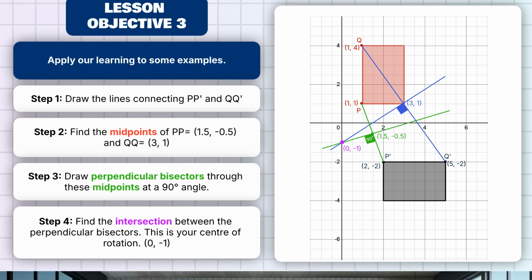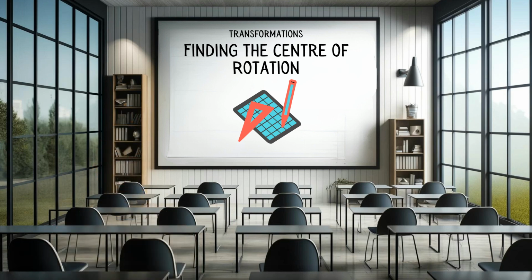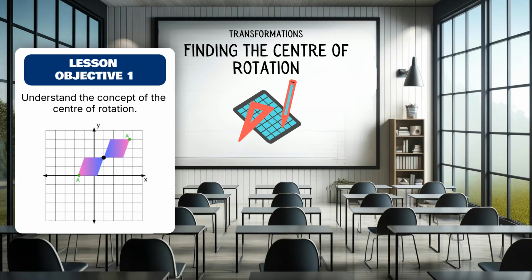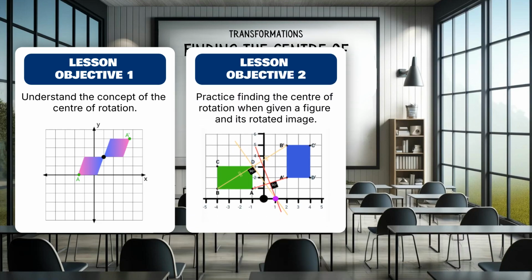In today's lesson, we explored how to find the center of rotation given a figure and its rotated image, a key concept in transformational geometry. We began by understanding that a rotation involves turning a figure around a fixed point, known as the center of rotation, through a specified angle and direction. To identify this center, we use the concept of corresponding points, points on the original figure that map to points on the rotated image.